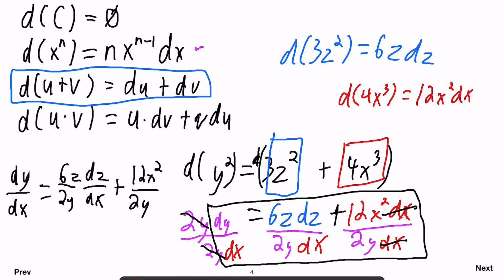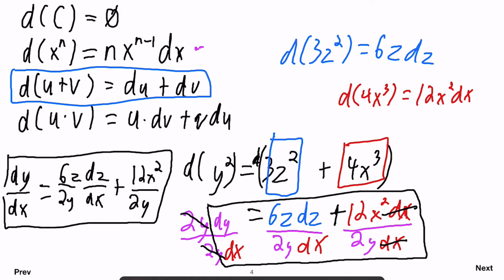And so what does this say? Well, this says that the rate of change of y with respect to x, dy to dx, at any given point is equal to this formula. But interestingly, this formula also has a ratio of differentials in it.